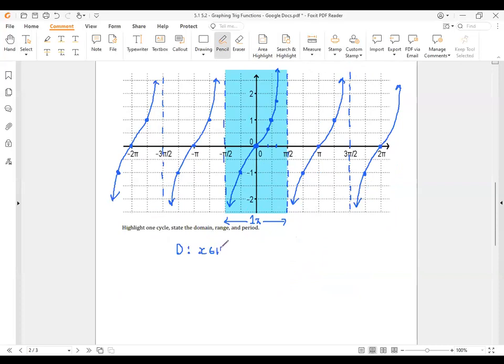X belongs to R, such that X cannot equal pi over 2 or any multiples of that, pi n, where n belongs to integers.